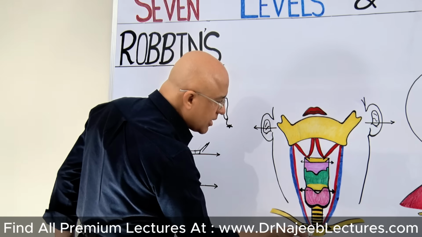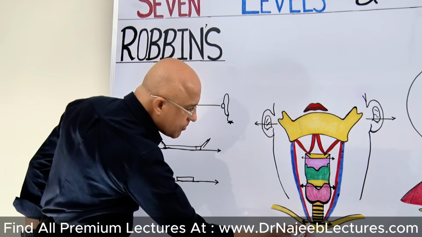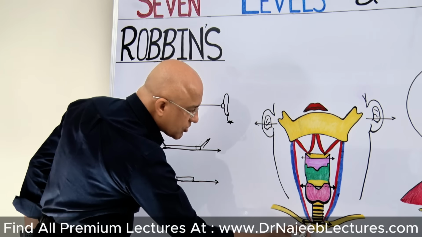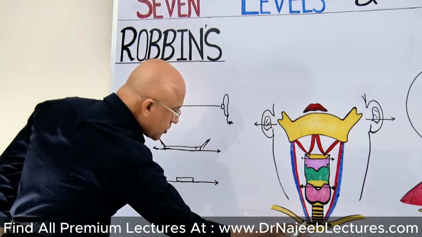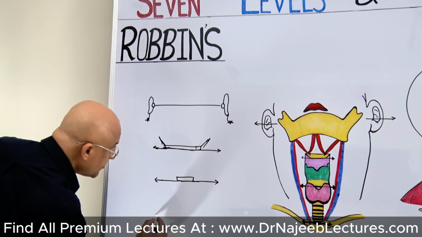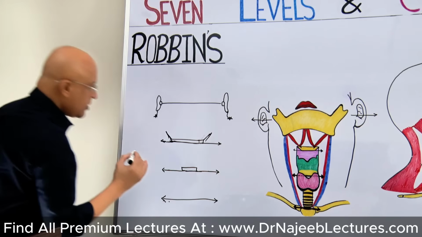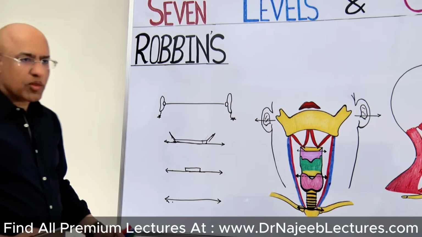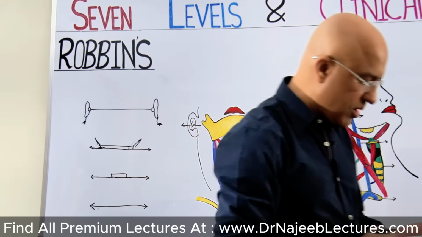And the last important landmark is the suprasternal notch, where the clavicles are meeting. So I will draw it here. These are the basic 4 landmarks which you should be very aware of.